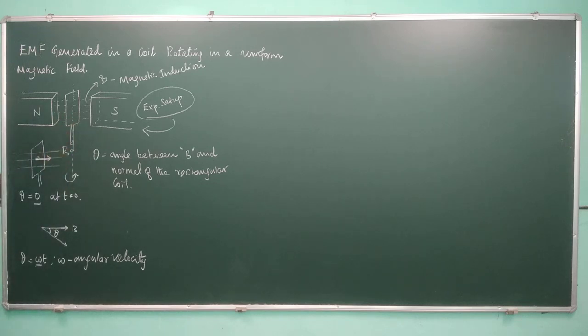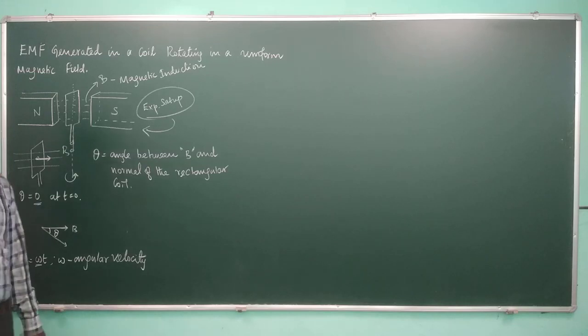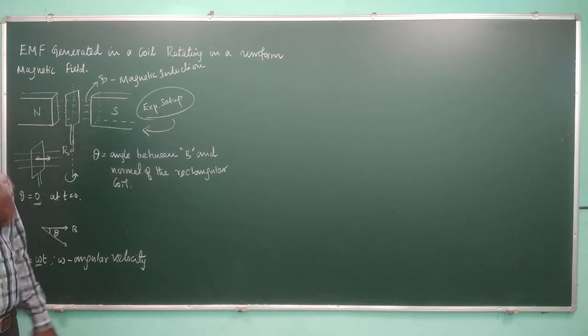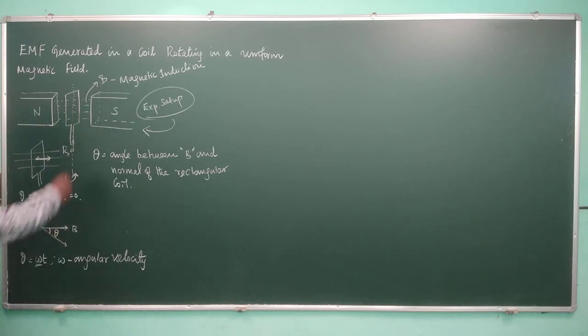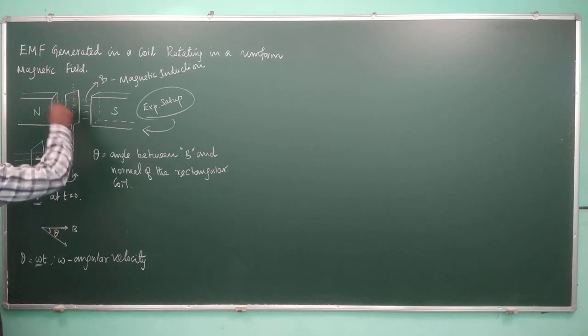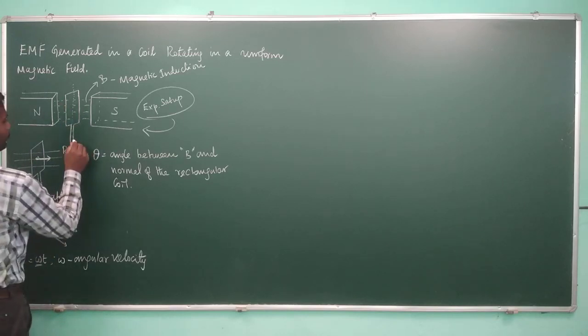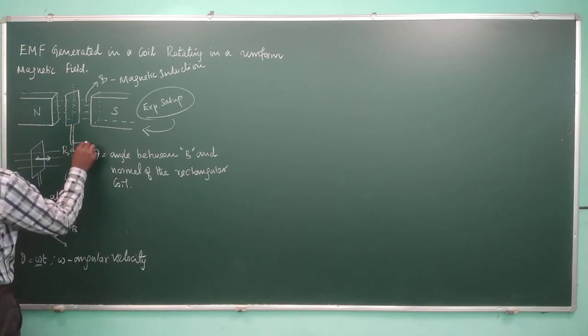Okay, now as the rectangular coil starts to rotate, the magnetic field lines that cross this rectangular coil, the value of the B, will change continuously. This change in the magnetic field will create an induced current through this coil, so that current is coming out. That you can measure if you connect a resistance.